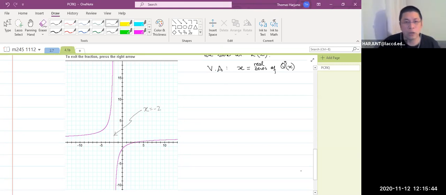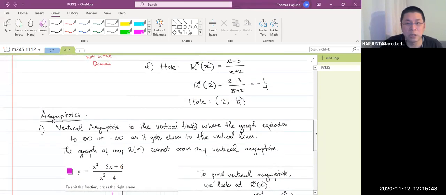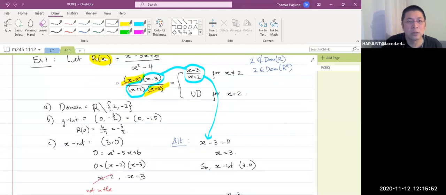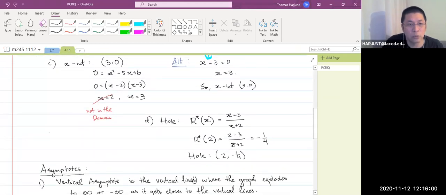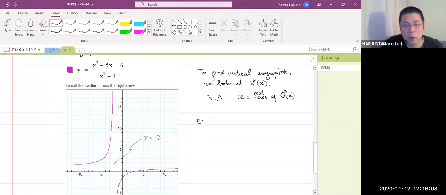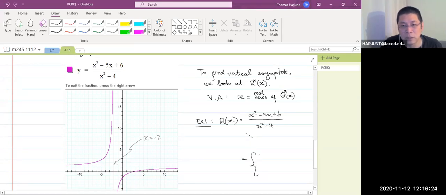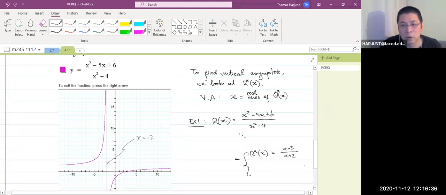Now, if you look into the simplified version we have here, x equals -2 is... So looking back into our example 1, our R(x) equals x squared minus 5x plus 6 over x squared minus 4, and we get the simplified version to be (x minus 3) over (x plus 2), for x not equal to 2.